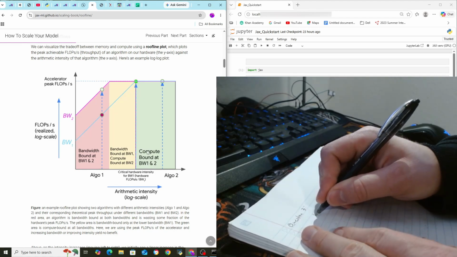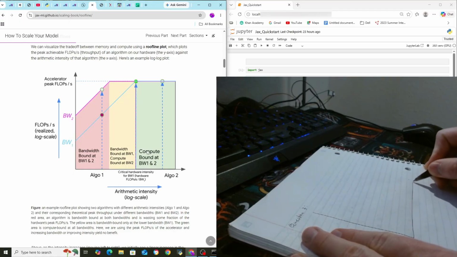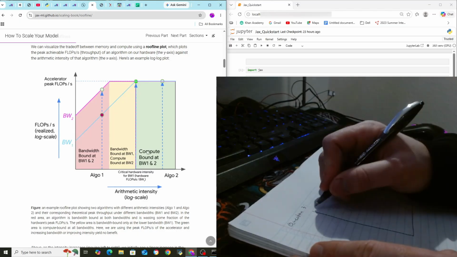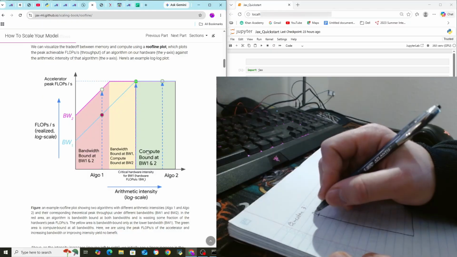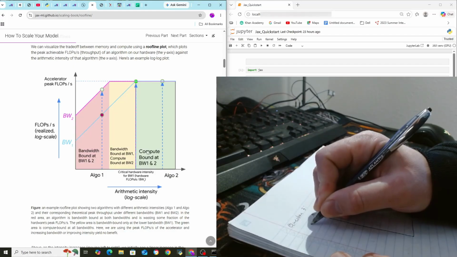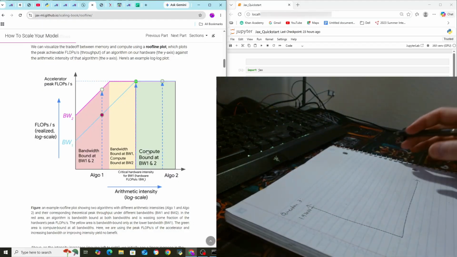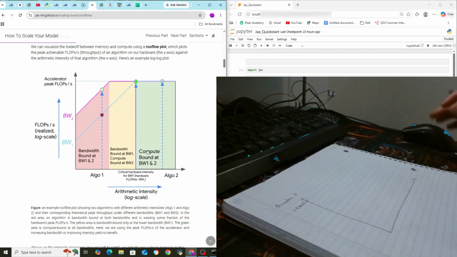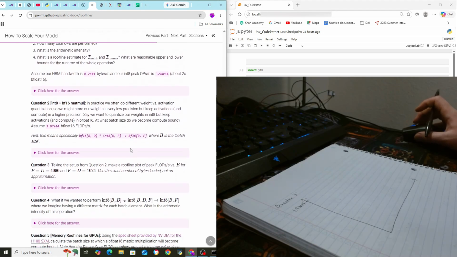Let's do bang, bang. Maybe go a little bit longer. Let's do here, 1.97e14 up there. Arithmetic intensity, flops per second. So what do we really want to draw here?